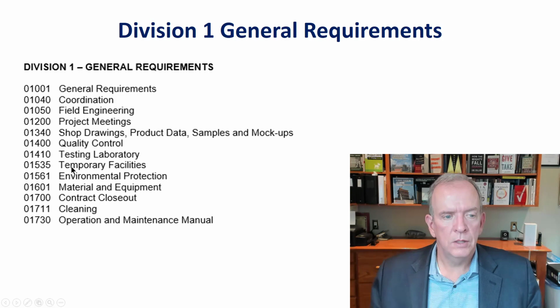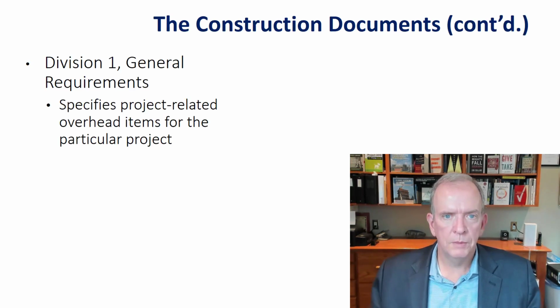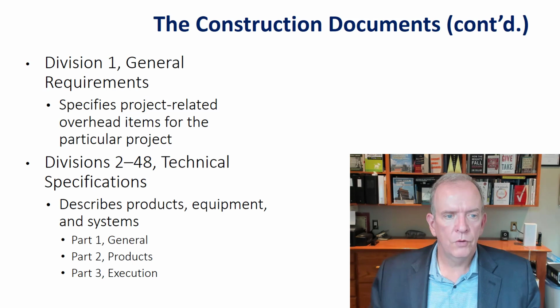So these are things that, again, they're not physically part of the project, but to be successful at building the project, we need to do them. And so this is listed under the general requirements. And so Division 1 specifies project-related overhead and related items.